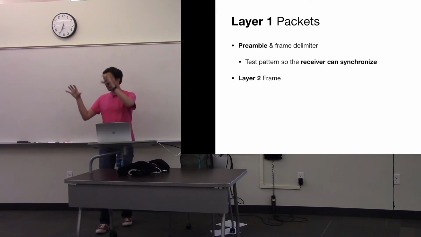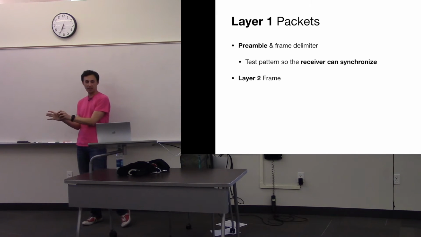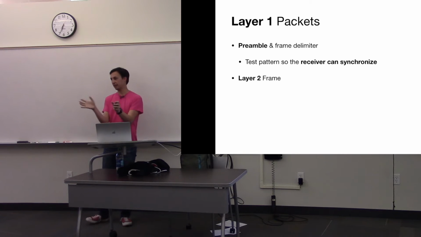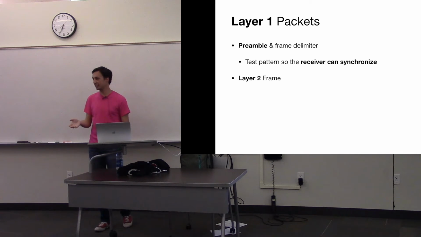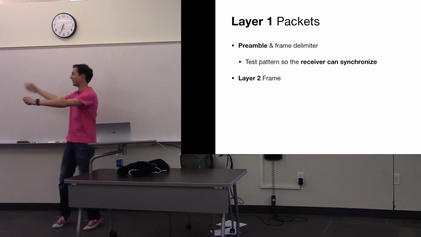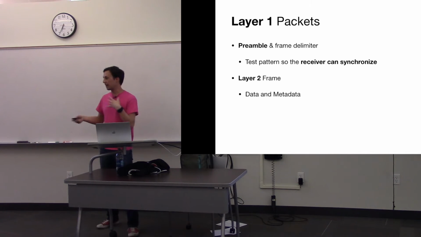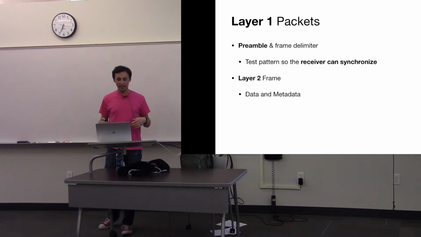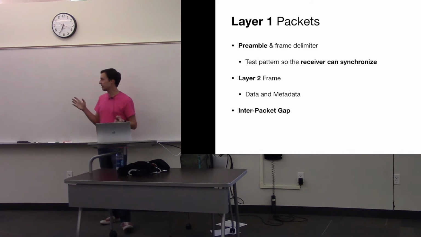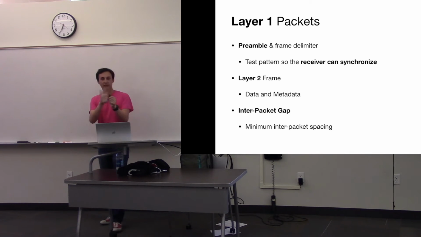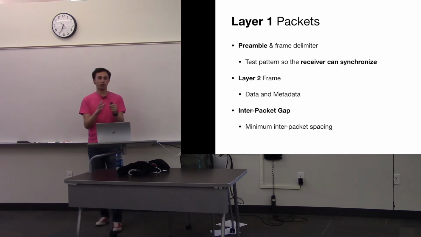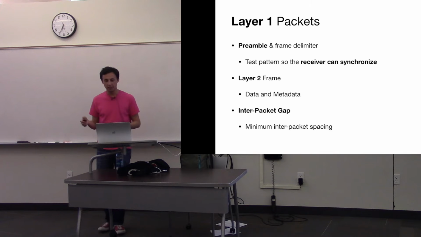Then we have the layer 2 frame that's right after the preamble and frame delimiter so that we have something actually being sent. We're not just saying, hey, wake up. Hey, wake up. We're actually saying something. And that has the data and the metadata about the packet. And then we have an interpacket gap, which is the minimum interpacket spacing so that we don't overwhelm the receiver with stuff. It has time to actually do what it needs to do.